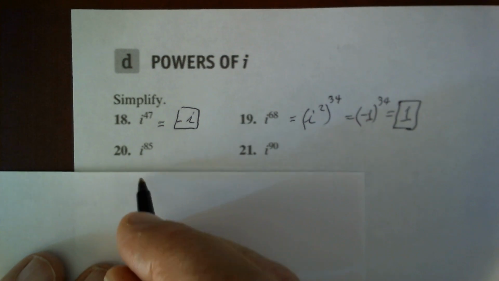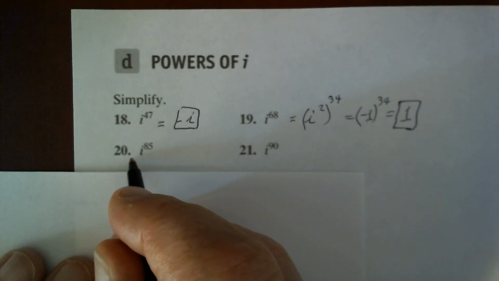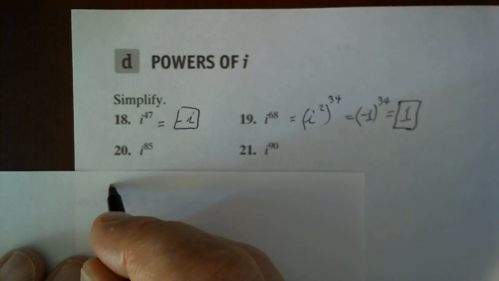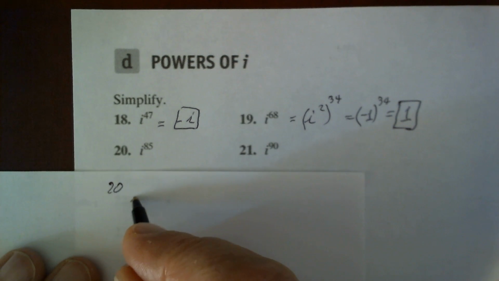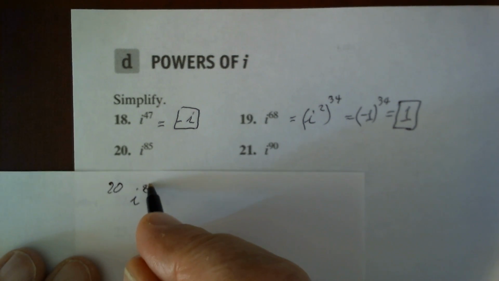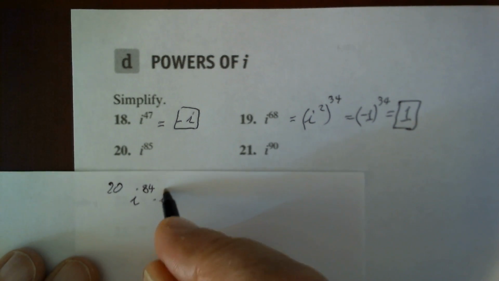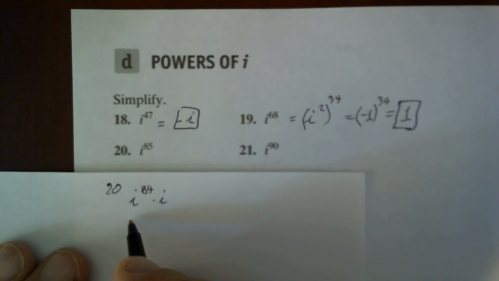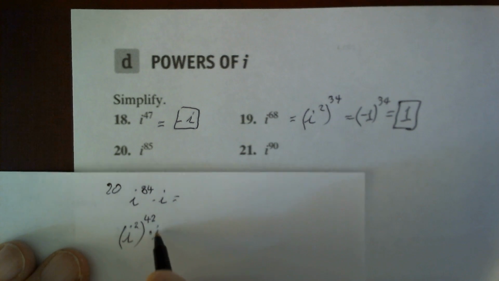Similarly, i to the 85th power for number 20. So for number 20, we write that as i to the 84th power times i. And so that's the same as i squared to the 42nd power times i.